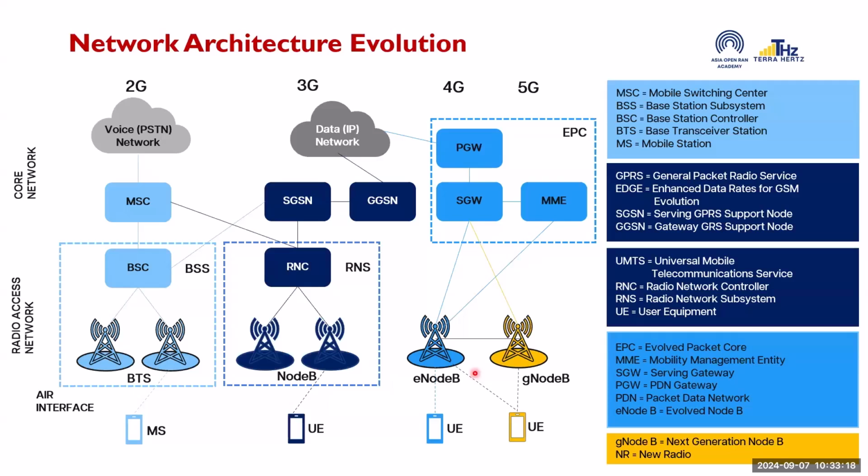And then there's an X2 connection between the eNode B and the gNode B. The gNode B is the next generation Node B. And if you have a 5G capable phone like iPhone 12, 13, 14, and 15 Pro Max fully paid with 1 terabyte of memory, if you see a 5G signal on your phone, that means your phone is connected to the eNode B and gNode B at the same time.